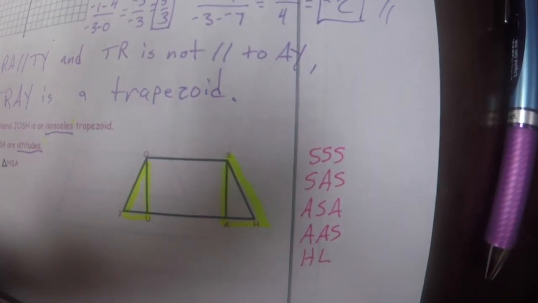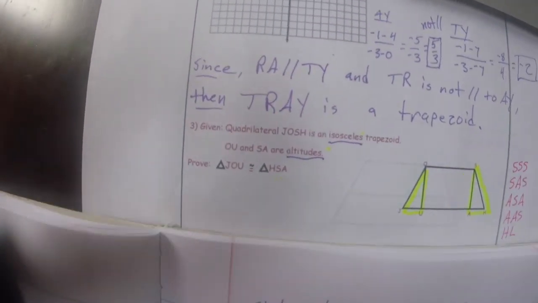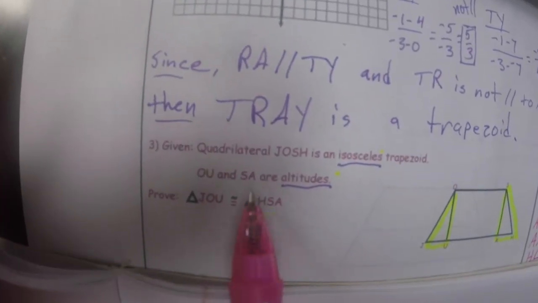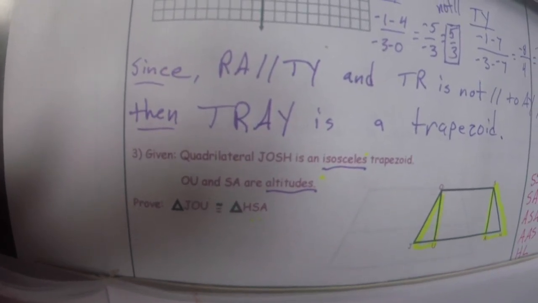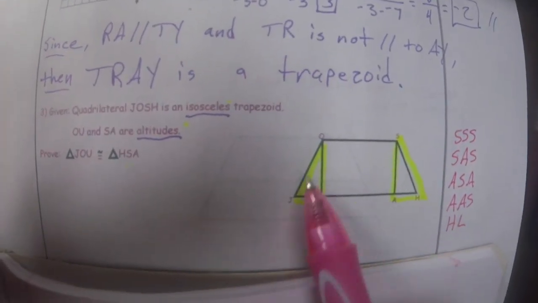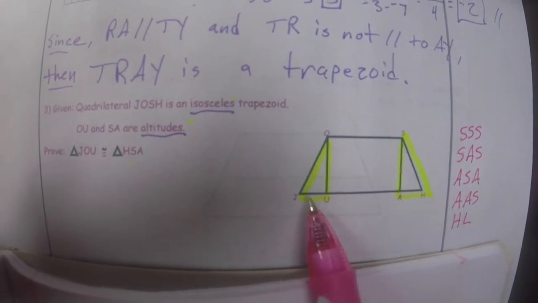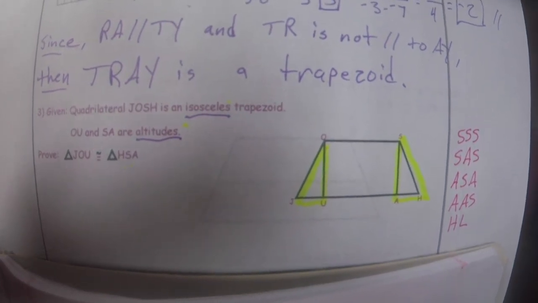All right, well, the way that we're going to do that is we need to pick apart this given information. All right, let's start with the first one. Quadrilateral Josh is an isosceles trapezoid. Well, what does that mean? If this is an isosceles trapezoid here, what do we know about isosceles trapezoids? Well, what do I know about isosceles triangles?